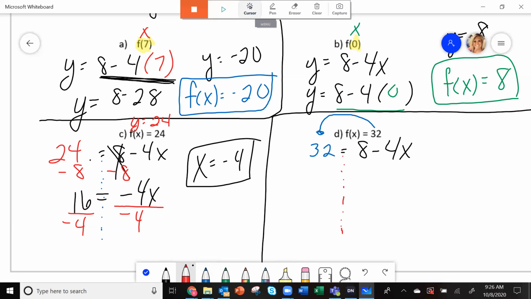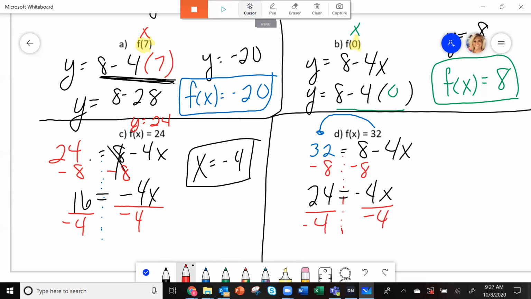Now, from here, I'm going to subtract 8 from each side. And I'm going to get 24 equals negative 4x. Then I need to divide by negative 4.